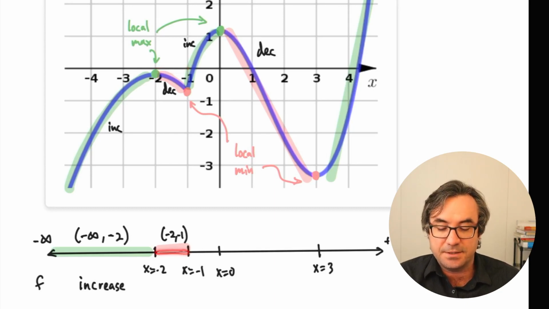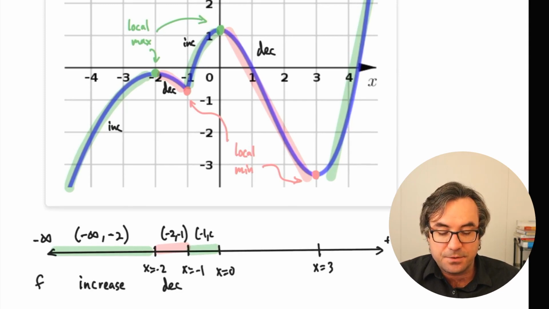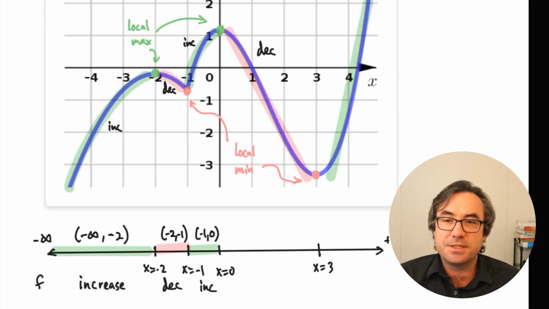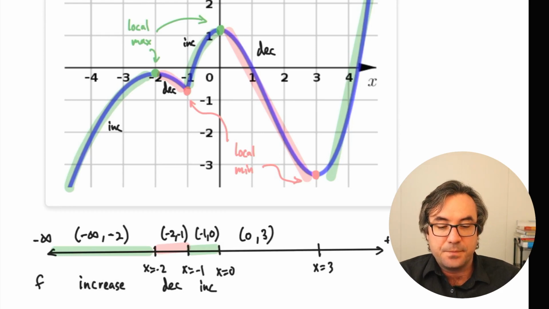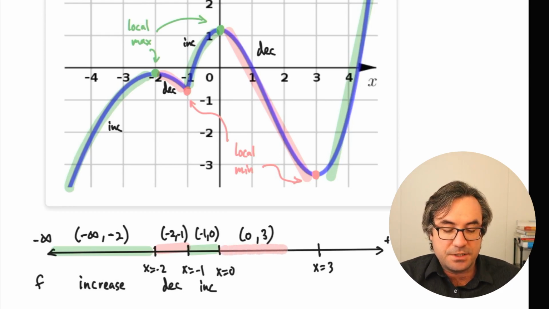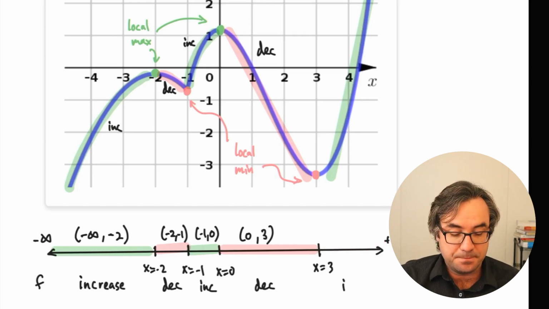And we found that our function was decreasing. Then, in between -1 and 0, we found that our function was moving up, so it was increasing. And then our next interval was 0 to 3, and we found that our function was decreasing there. And then finally, from 3 onward, it was back to increasing. So we would write 3 to infinity.